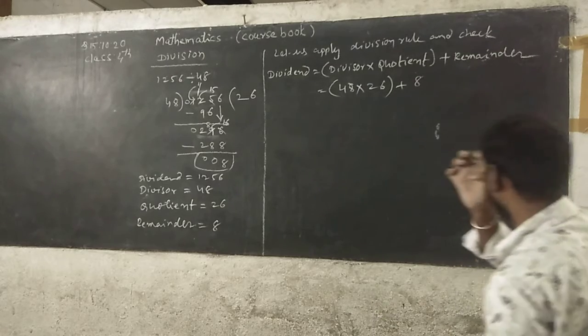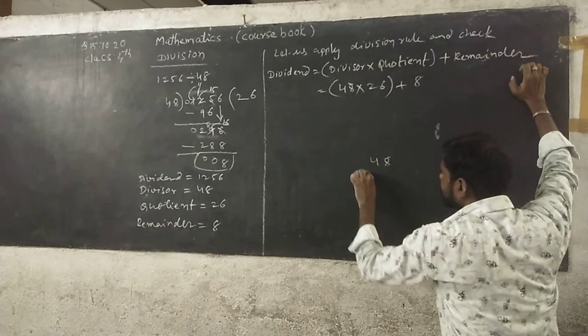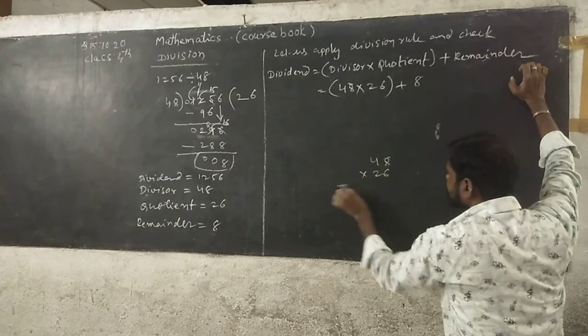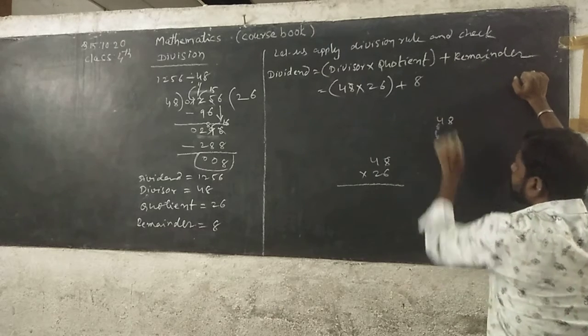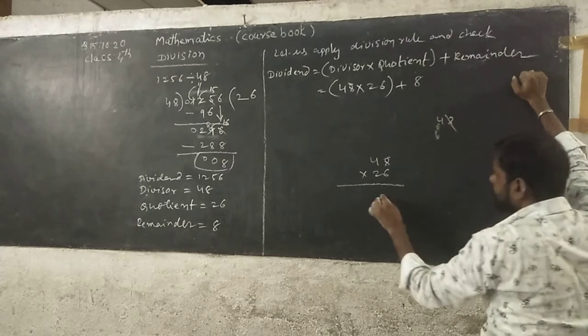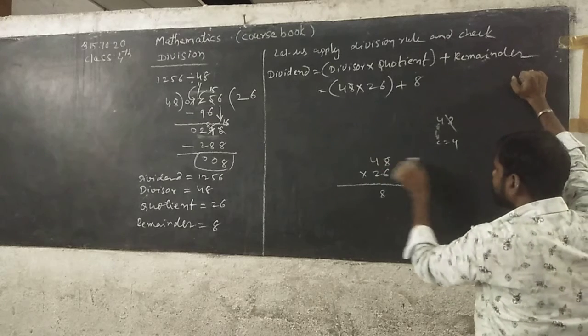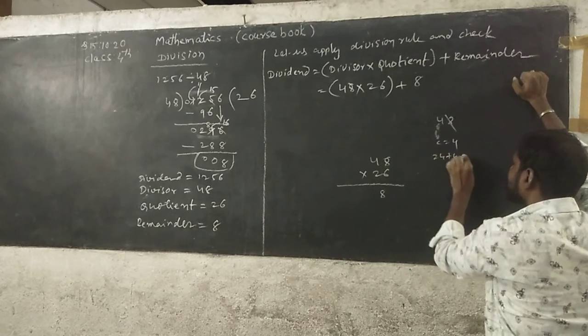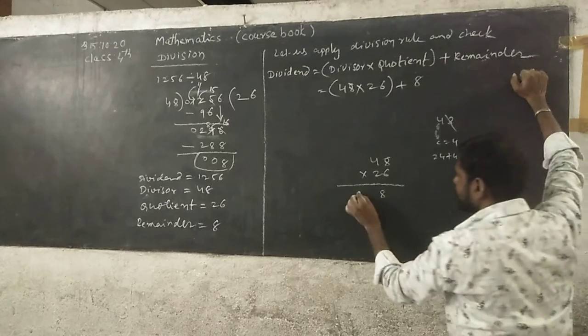See here, 48 into 26. 6 8s are 48. 8 taking, carrying 4. 6 4s are 24 plus 4, you can get 28. You can write the total.